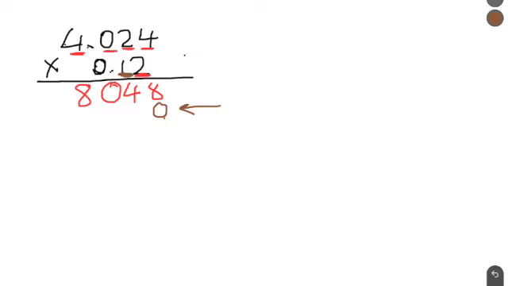So we say that this 1 multiplied by this 4 is 4. And notice I'm lining it up underneath the 4. This 1 multiplied by 2 is 2. 1 multiplied by 0 is 0. 1 multiplied by 4 is 4.